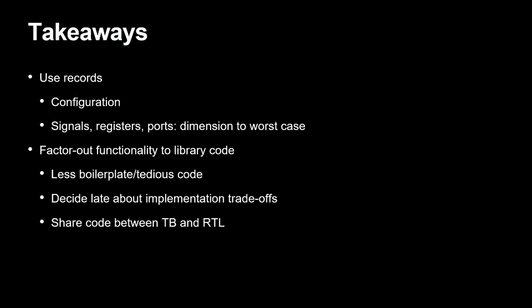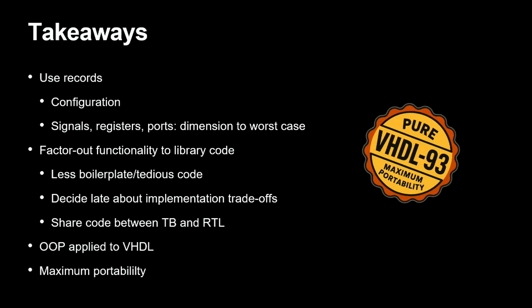With this, we can actually have some of the benefits of HLS in pure VHDL. And it's pure VHDL 93, so it has the maximum compatibility with any tools out there.